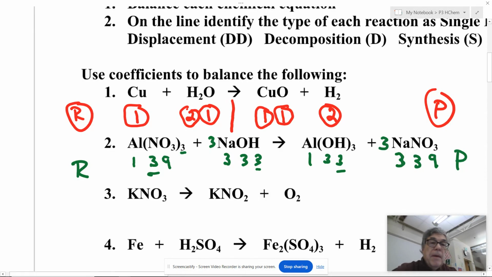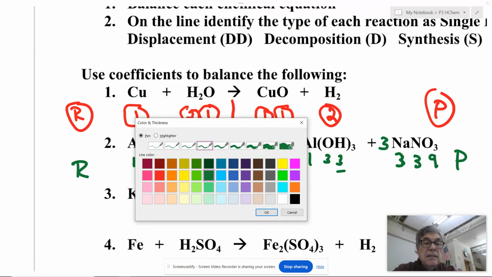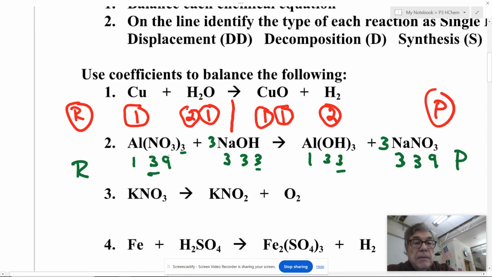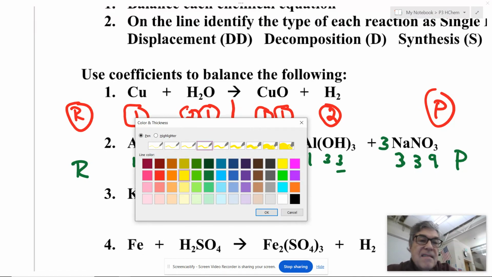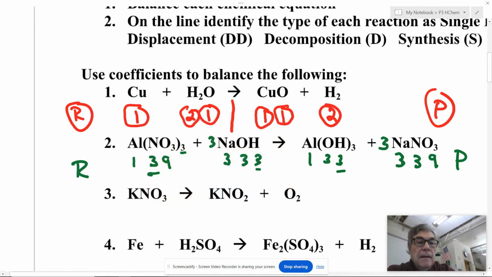I'm going to get a highlighter here. Okay. That's not a highlighter. Highlighter. There we go. The aluminum has 1 and the aluminum has 1.